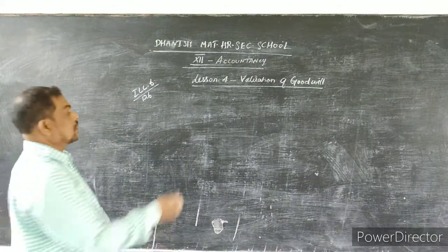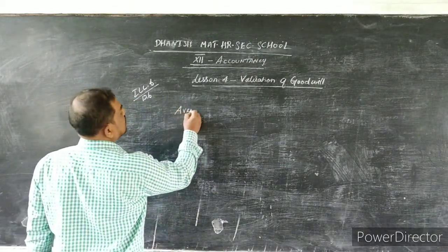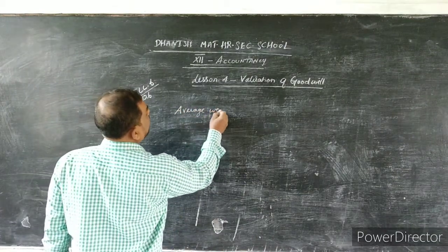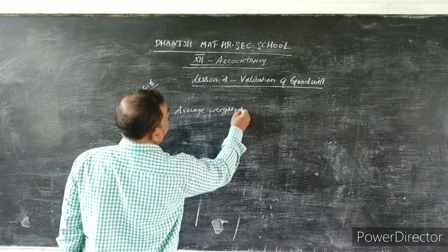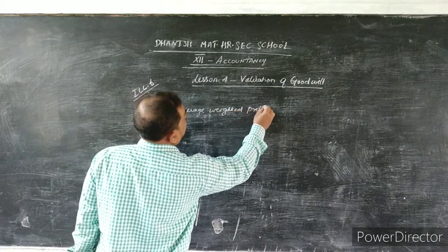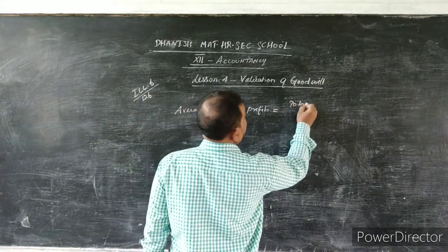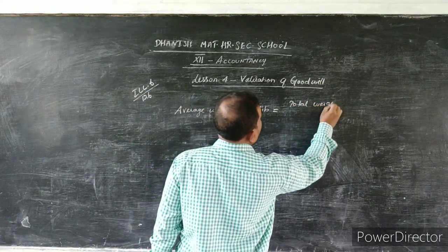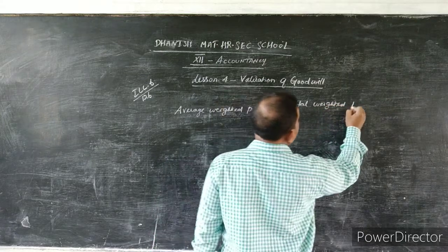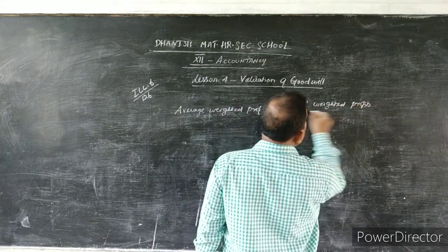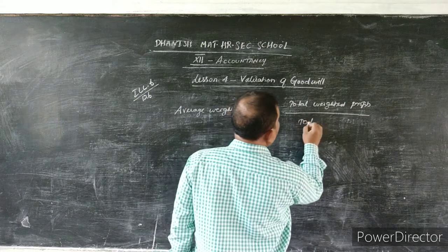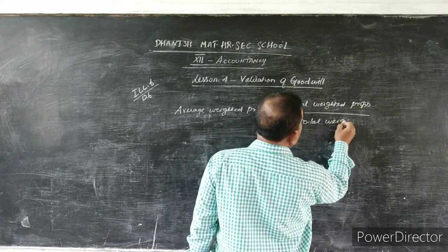Now, average weighted profit. The formula for average weighted profit is total weighted profits divided by total weights.